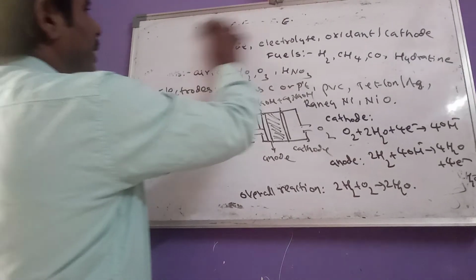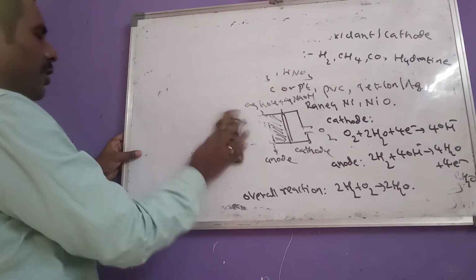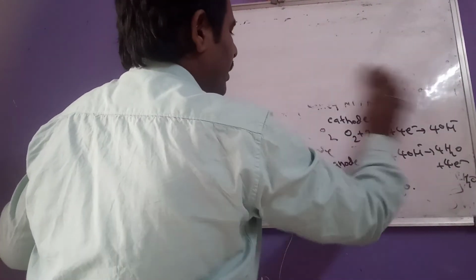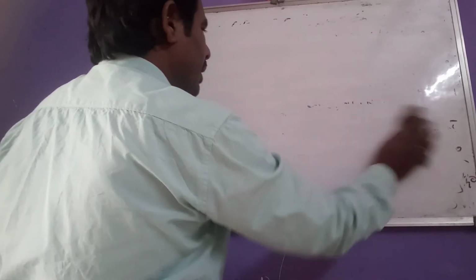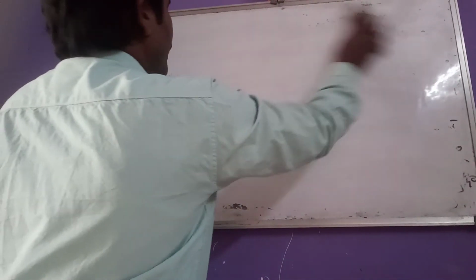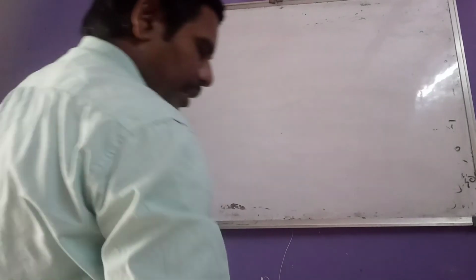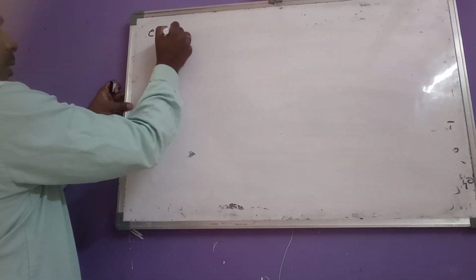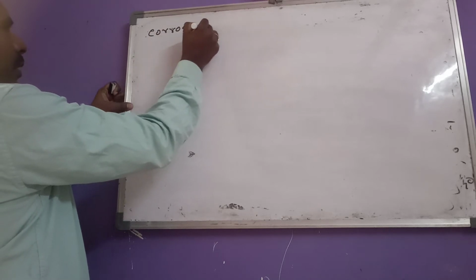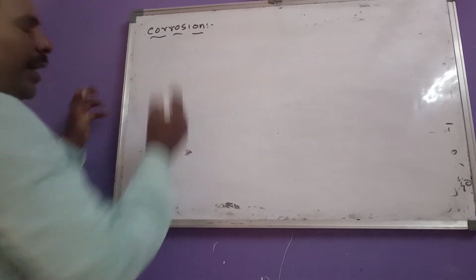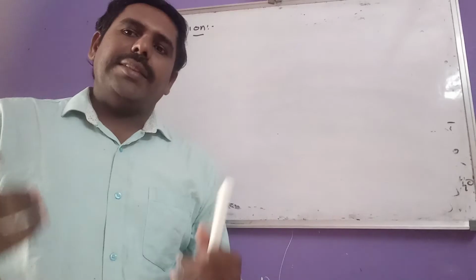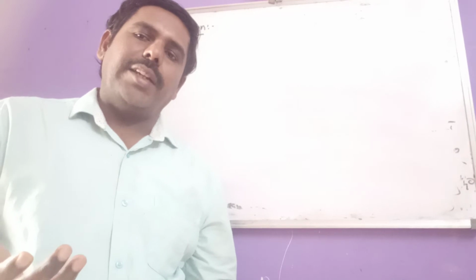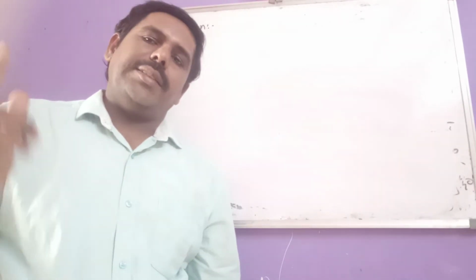And another one, the last topic in this: corrosion. What is the meaning of corrosion? For example, if you observe any iron gates inside our houses, after some days we may observe the formation of rust.